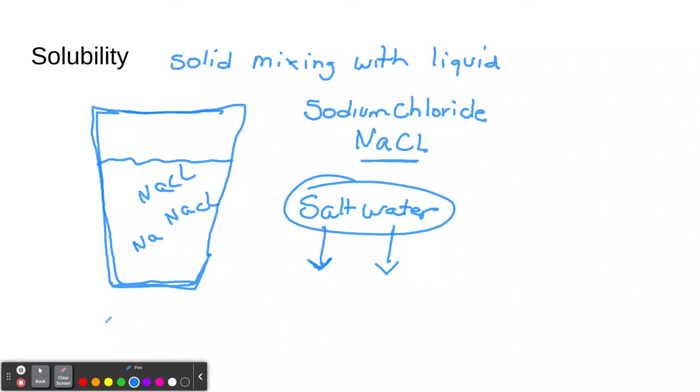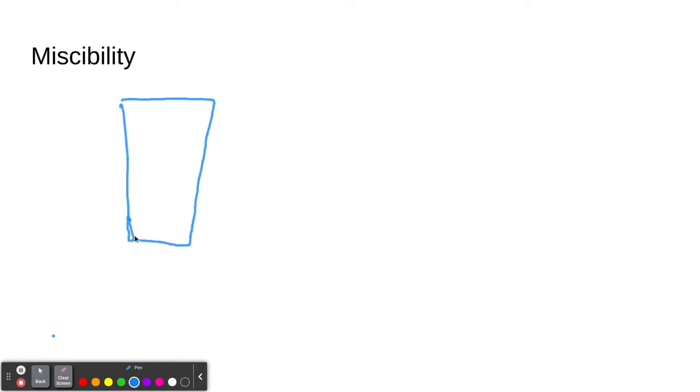Now, like I said, miscibility is when liquid mixes with a liquid, right? So, for example, if we had some water here. Here's our water. And we filled up that with water. And then if we put in, let's say, we'll use that color, oil. Oil and water don't mix.